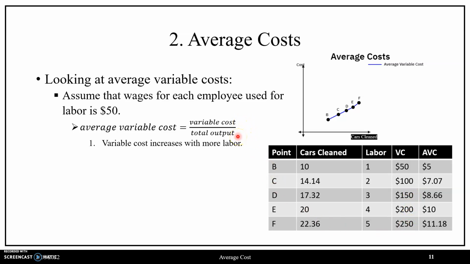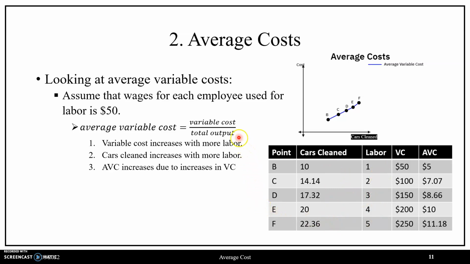And then moving on to our denominator of total output, we also know that as more labor is being used, cars cleaned will increase as well due to more input leading to more output, which we can see in our table representation as well. Labor increasing, we can see cars cleaned increasing as well.